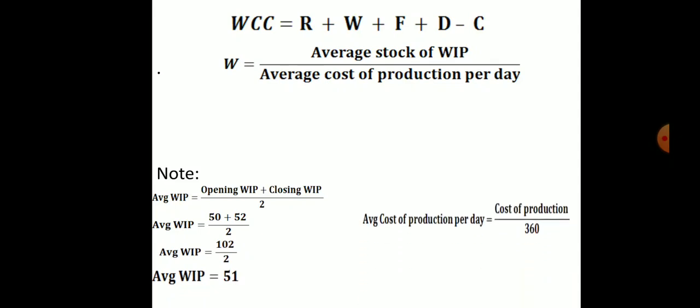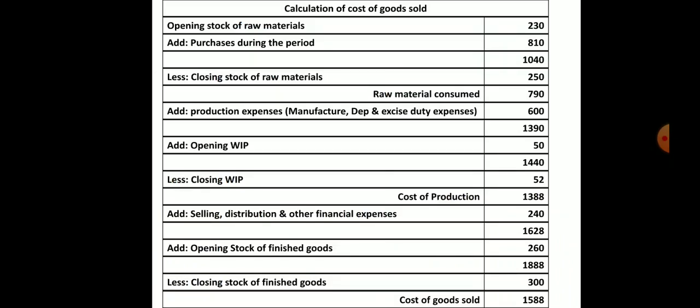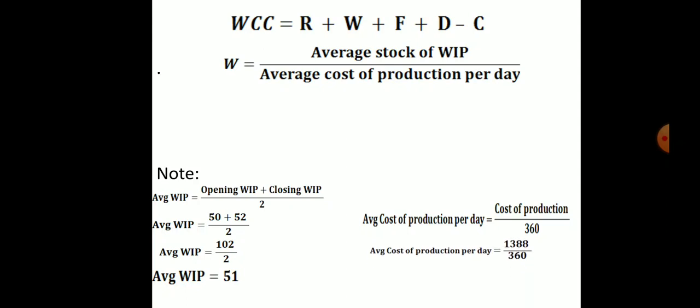So next we will calculate average stock of production per day. How much cost of production have you incurred during the year? From this table we can calculate. The cost of production is 1388. So this is the total cost of production you have spent for producing this product. 1388 divided by 360 is 3.86. It's not days, it's 3.86.